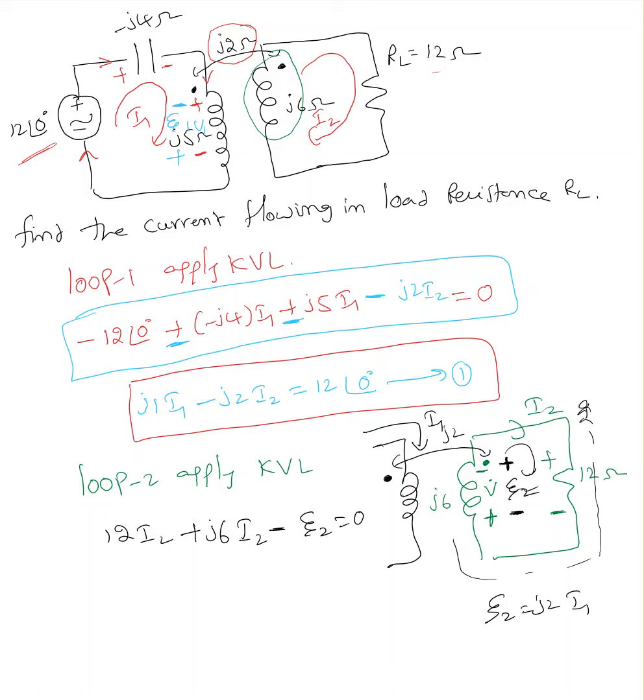So E2 equal to J2 I1. So 12 I2 plus J6 I2 minus J2 I1 equal to 0. When I simplify this, minus J2 I1 plus 12 plus J6 I2 equal to 0.